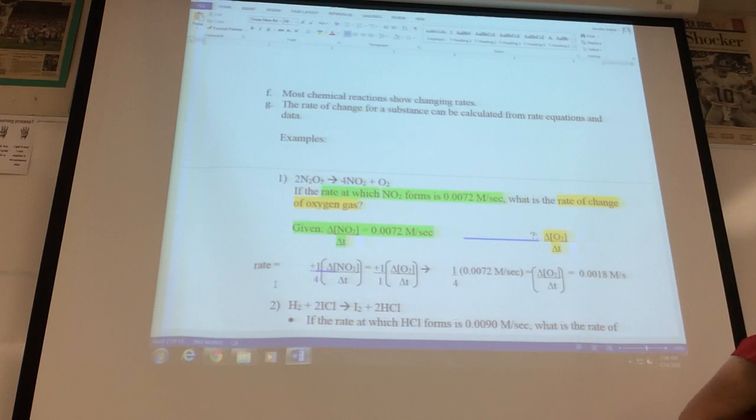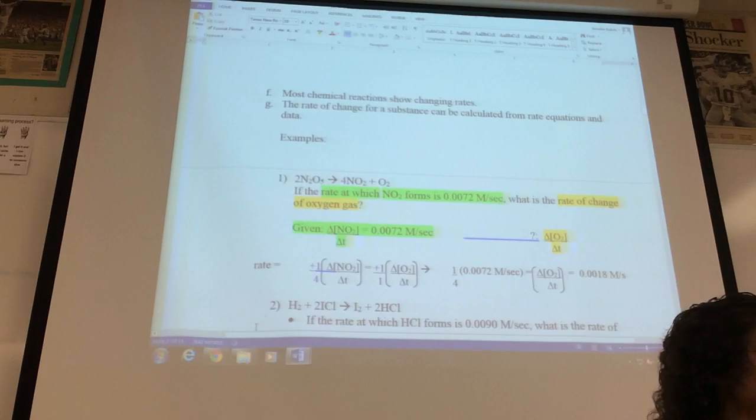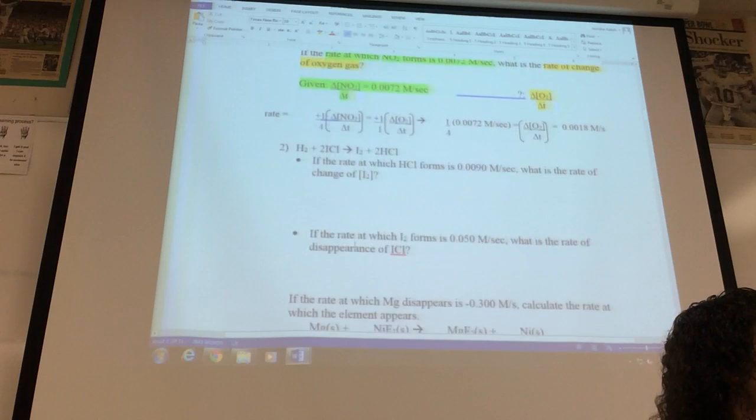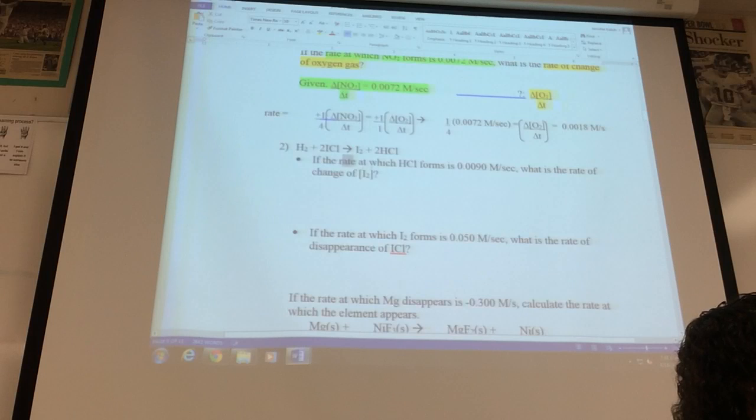Okay. All right, so in the next one we have hydrogen gas reacting with iodine chloride, and we're going to make iodine and 2 moles of hydrogen chloride. It says the rate at which HCl forms is 0.0090 molar per second.